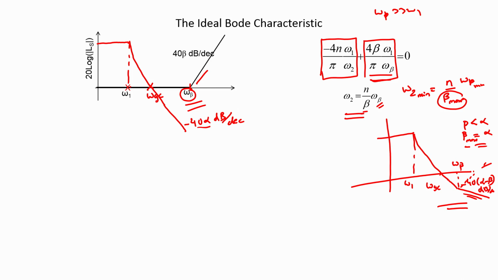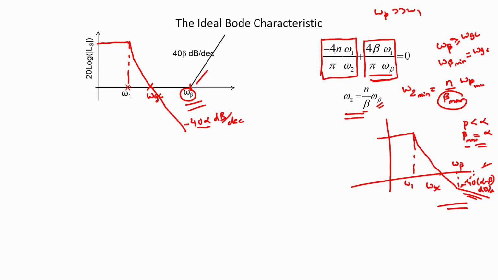So, in order to make sure that the gain crosses over at the smallest frequency possible, we need to make sure that omega beta is always greater than or equal to omega gc, and hence the minimum value for omega beta, which I shall call omega beta minimum, is equal to omega gc.